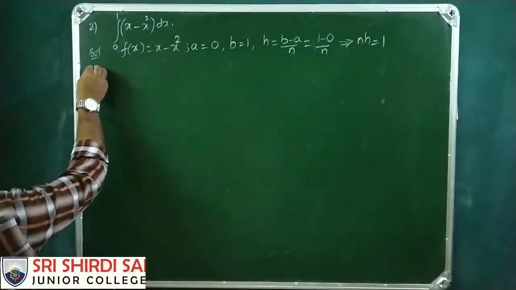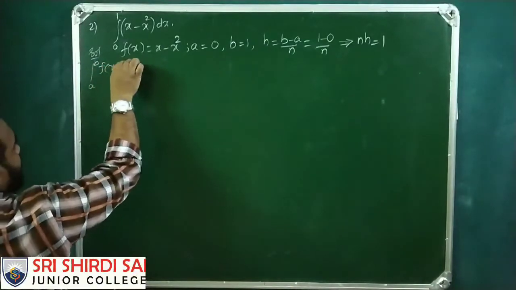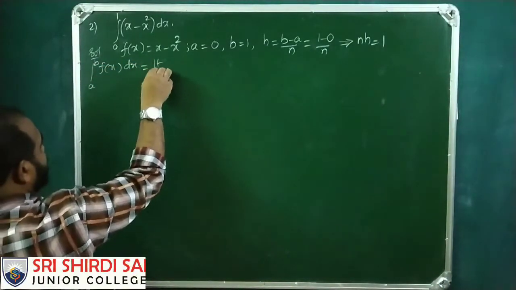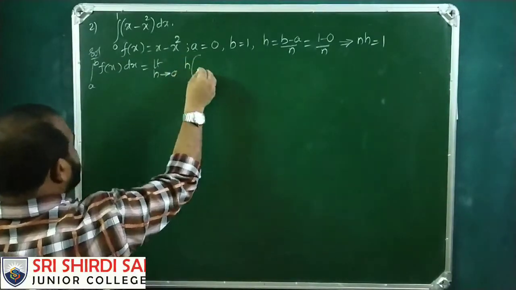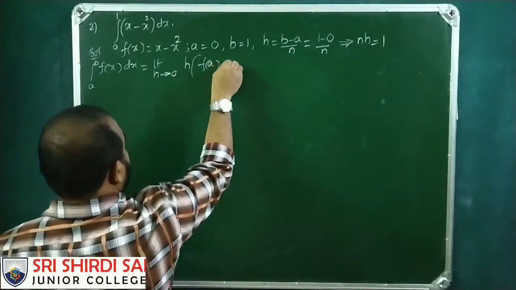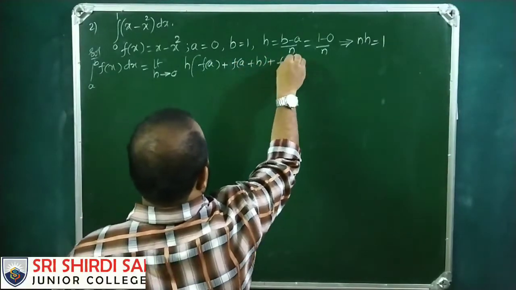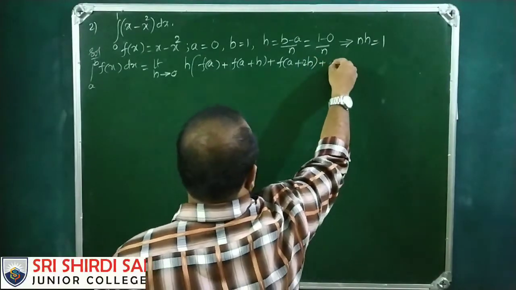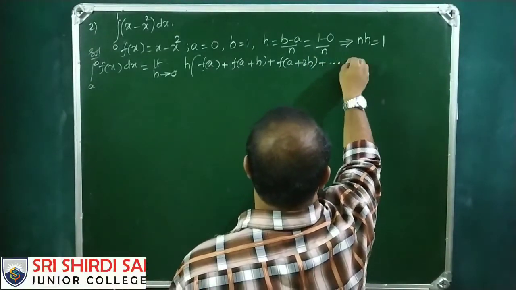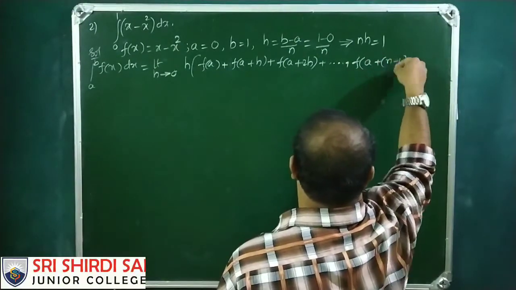So we have a formula: integral a to b f of x dx equals the limit as h tends to 0 of h into [f of a plus f of a plus h plus f of a plus 2h plus etc. plus f of a plus (n minus 1) into h].